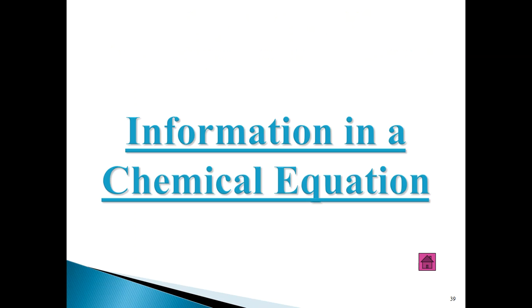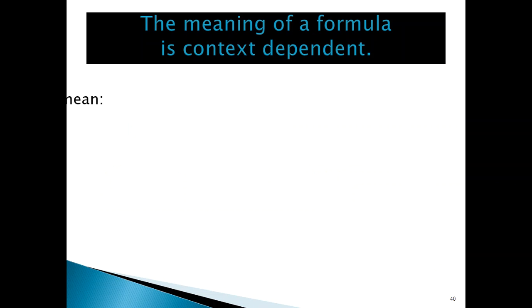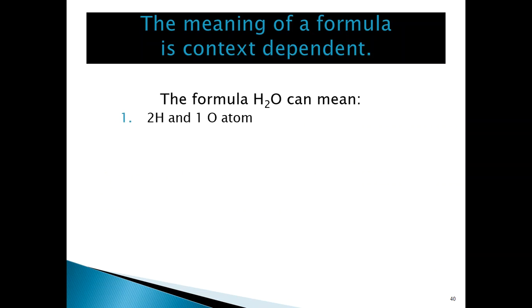All right? Okay, a couple of things I want to say here concerning what information we can get from a chemical equation. The meaning of the formula is dependent on the context in which the formula is used. For example, if you take the formula H2O, it can mean that we're talking about a molecule which contains 2 atoms of hydrogen and 1 atom of oxygen.